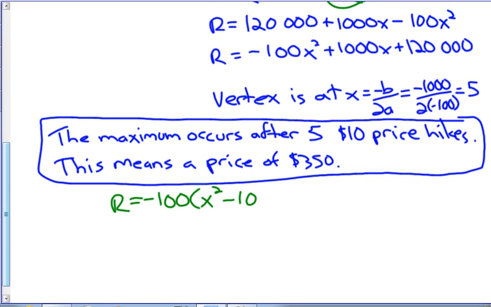Okay, I'm going to leave some space. Maybe I'll do these big square brackets. Plus 120,000. Okay, I need to take half of the middle, the 10x. So that's going to be negative 5 and square it. So that'll be plus 25 minus 25.